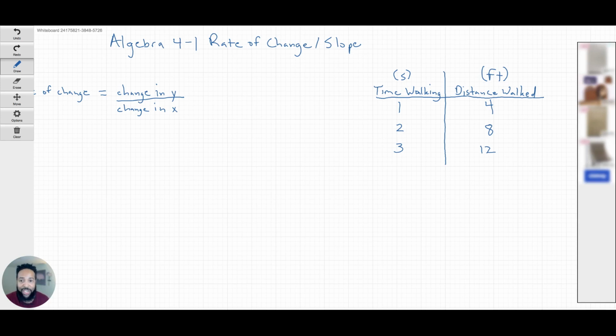So the rate of change basically is a ratio. It's the ratio of a quantity of a number compared to the quantity of another number. So say, for instance, if you're driving a car, you're going 50 miles an hour on average. So that is letting you know that there's a ratio of miles per hour.